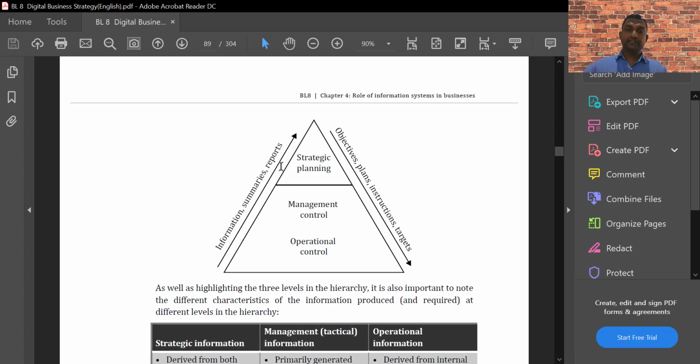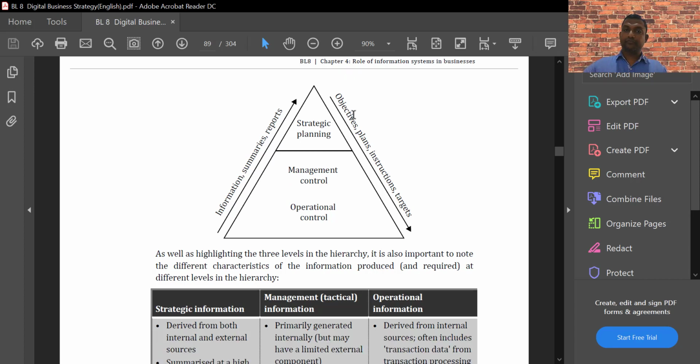So you can see in this pyramid at the top strategic planning happens, then management control happens, and then to the bottom operational control happens, right? So during the strategic planning, objectives, plans, instructions, targets are given to the management control and operational control, so that they have to follow these decisions made.